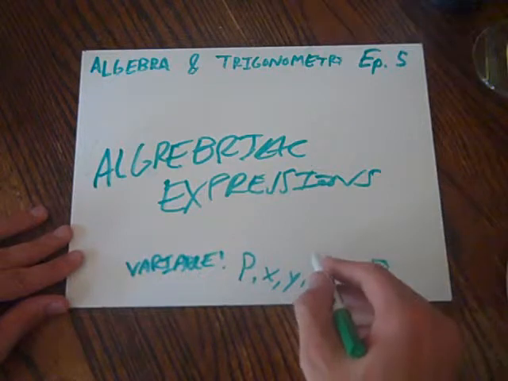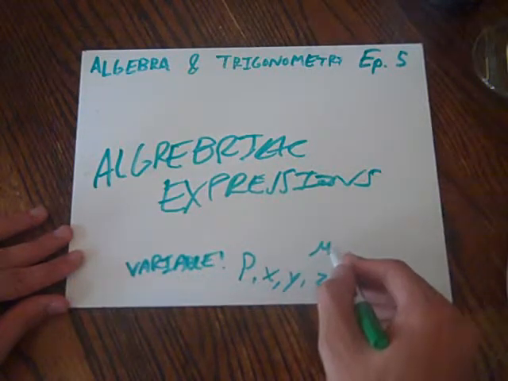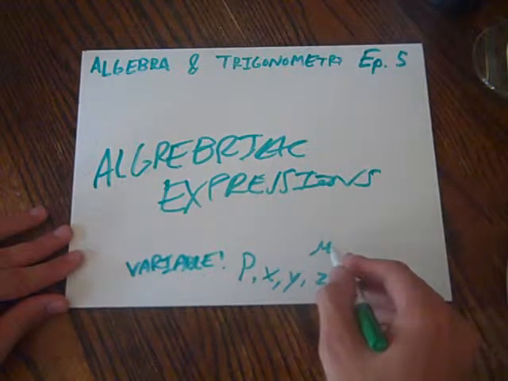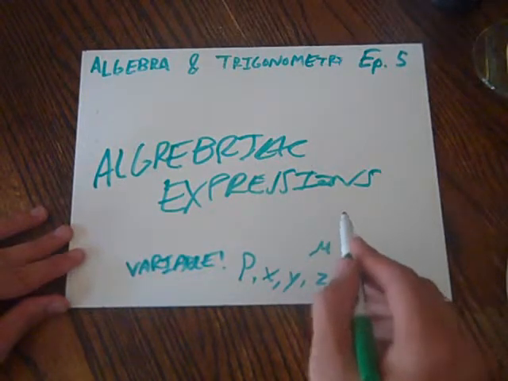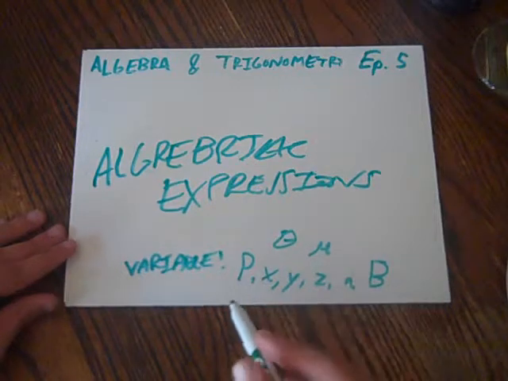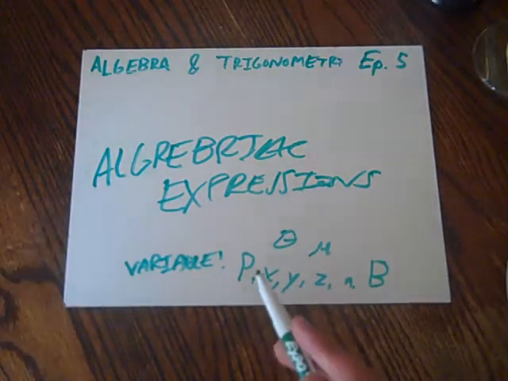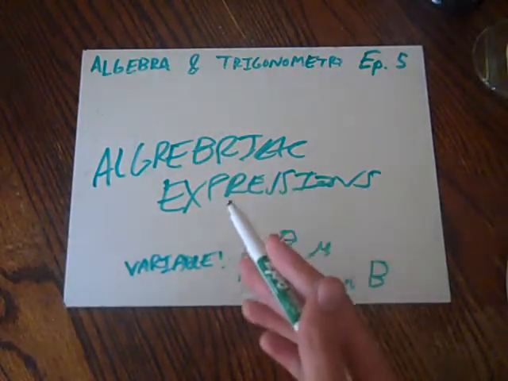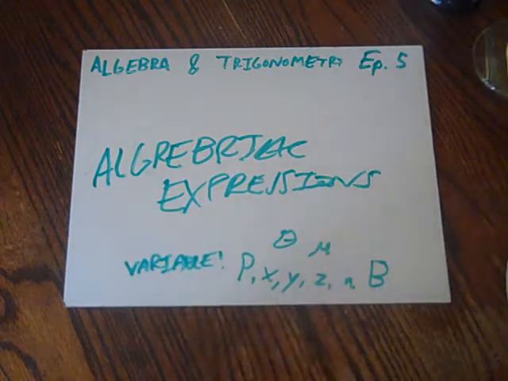It can be any letter. It could even be mu. Yeah, it could be mu. It could be theta. It could be any letter you can think of, or perhaps even never thought of before, but was in the textbook. That's what you can use.